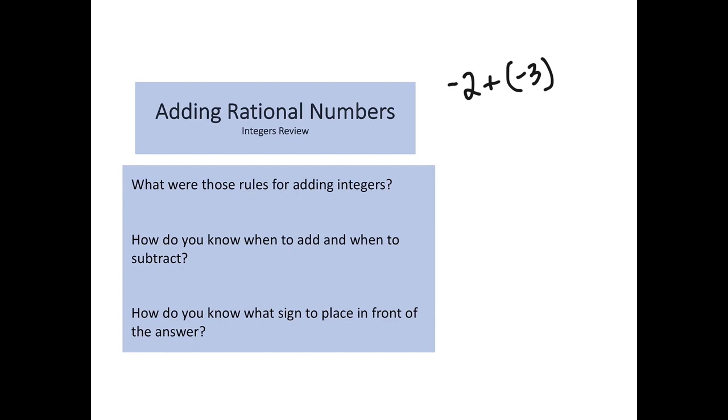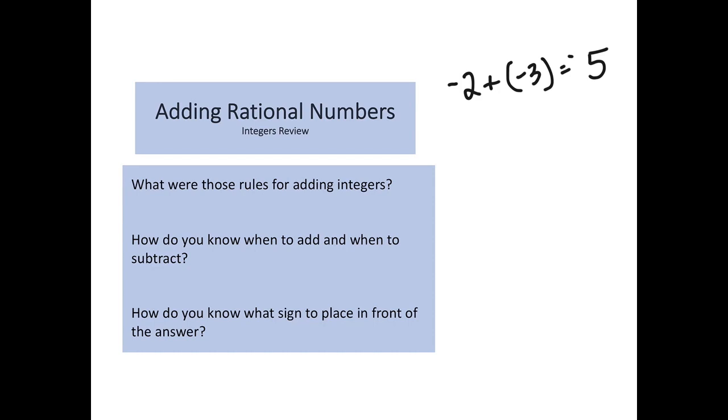In this case, they're both negative, so I'm simply going to add their absolute values. So 2 plus 3 is 5. And since they are both negative, I'm going to keep that negative sign. Okay, so again, if the two signs are the same, I'm going to add them and keep that same sign.